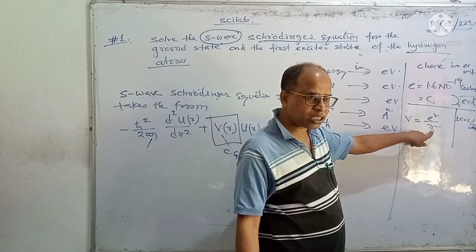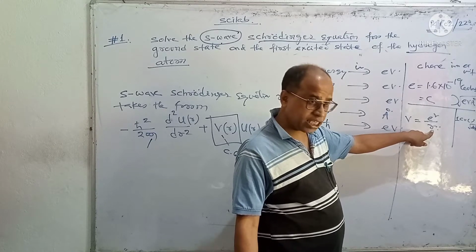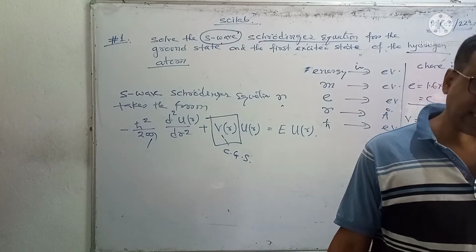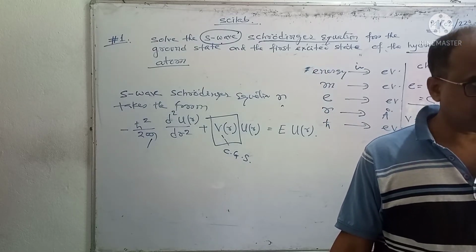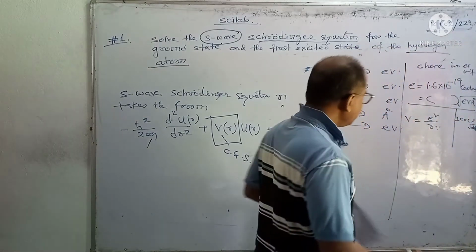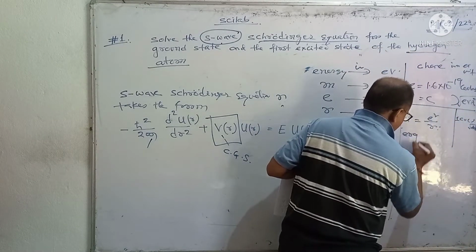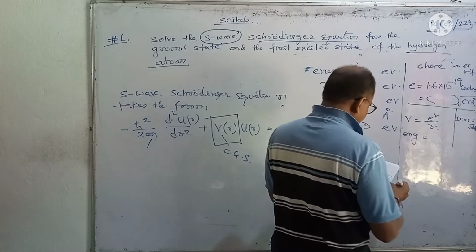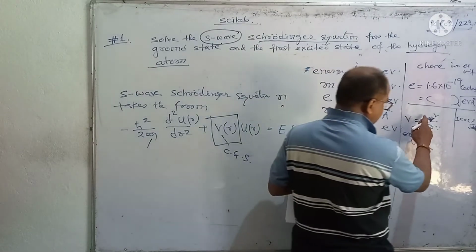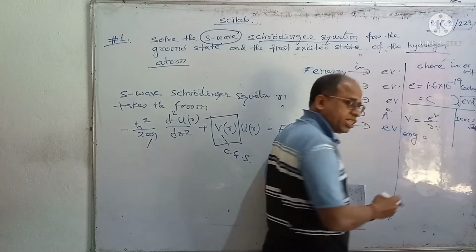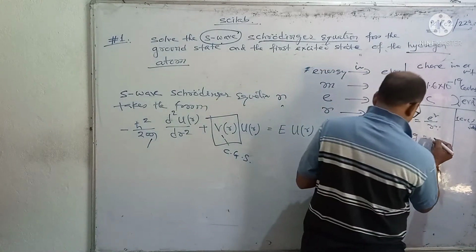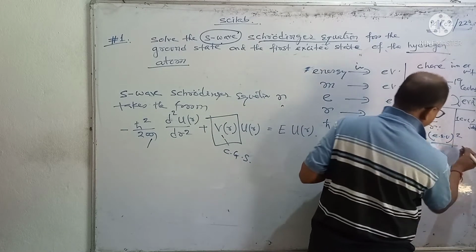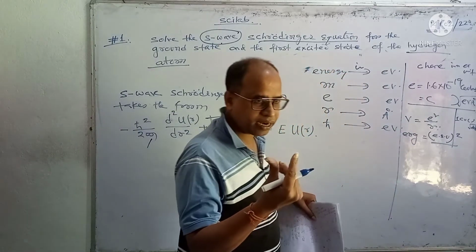Okay, this is the expression for the potential energy. CGS system. In CGS system, energy unit what? In CGS system, energy unit is erg. Okay, energy unit is erg, and in CGS system, electric charge is in ESU. Therefore, ESU square by R, with R in centimeter.